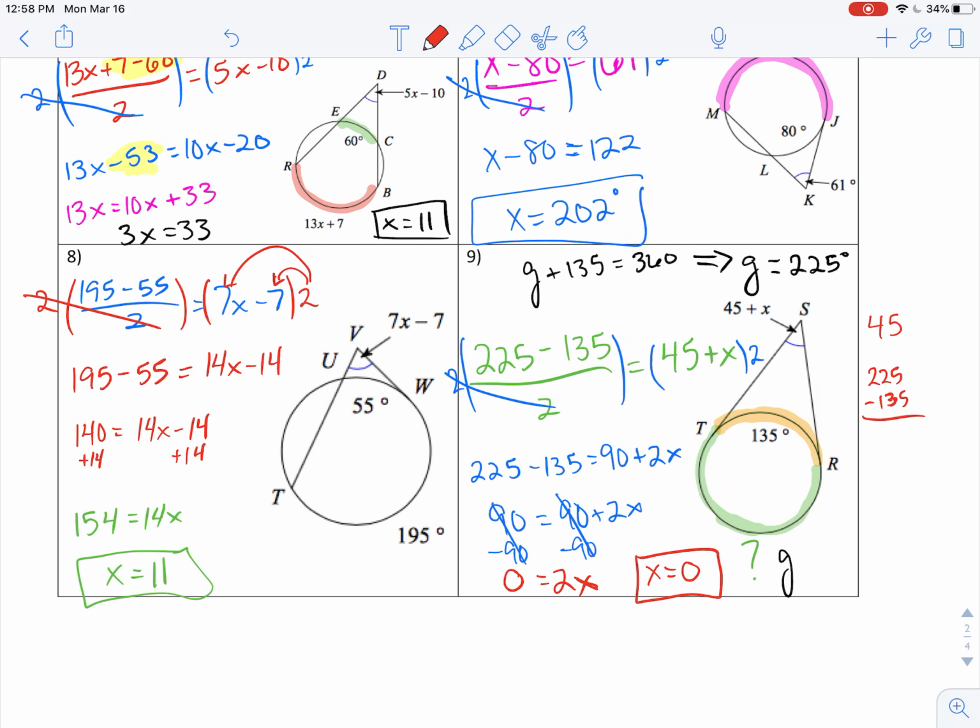So 225 minus 135 is 90. And if I take 90 divided by 2, then I do in fact get 45 degrees. So everything seems to work out.